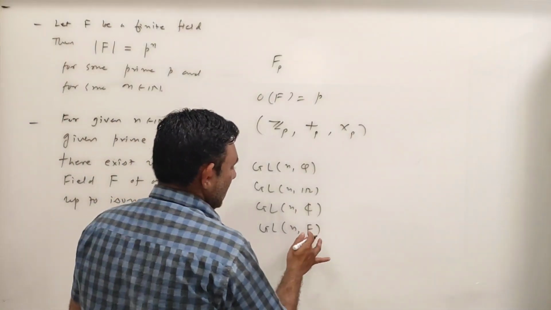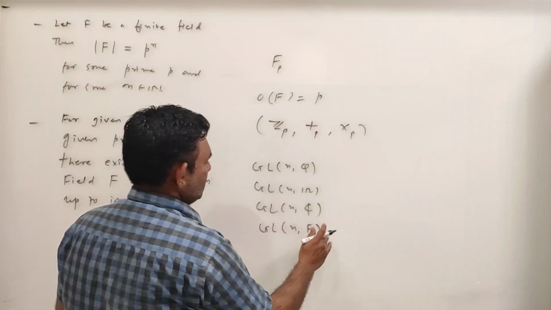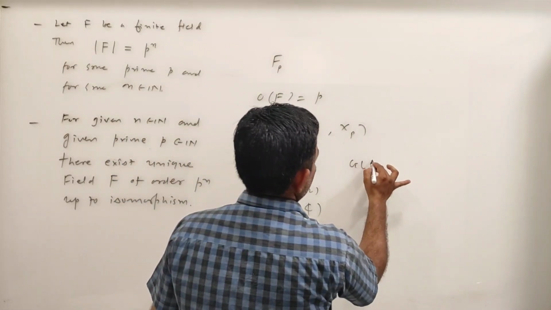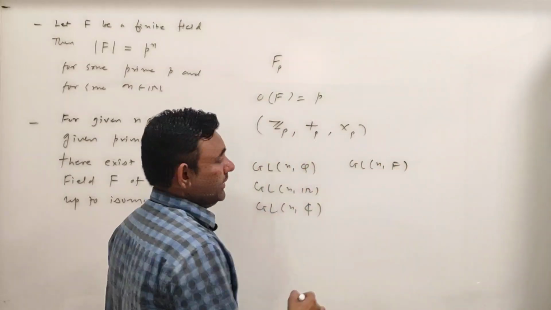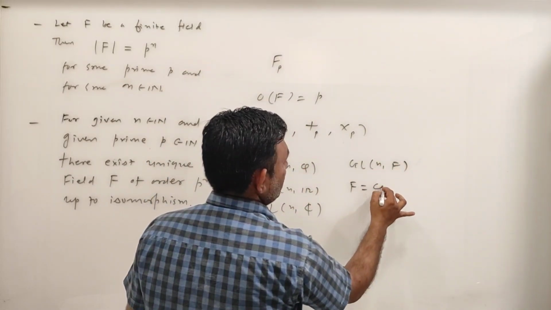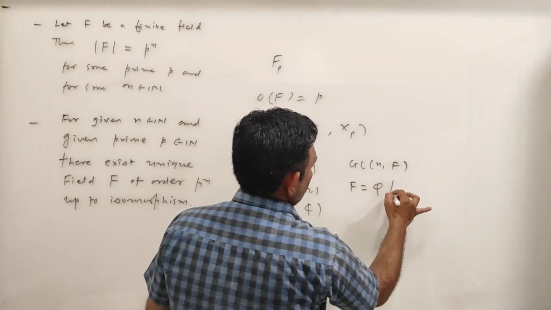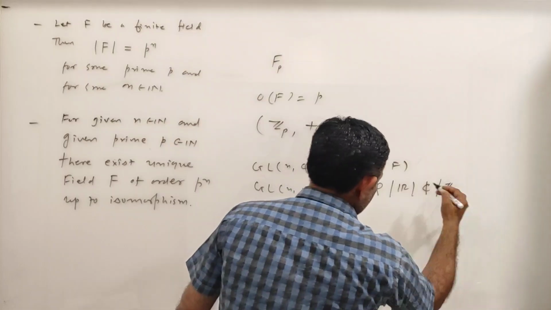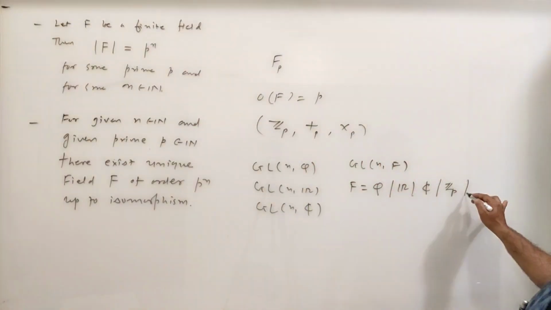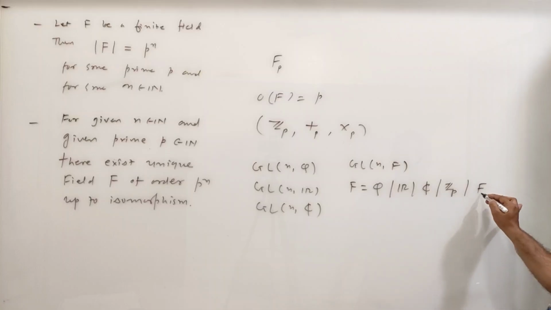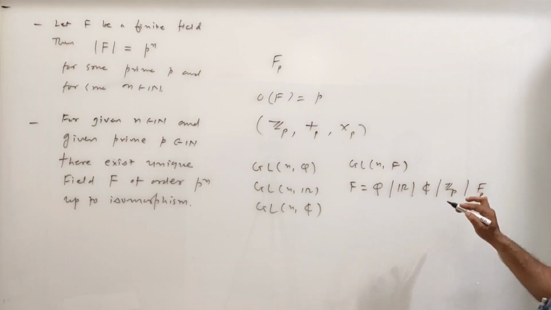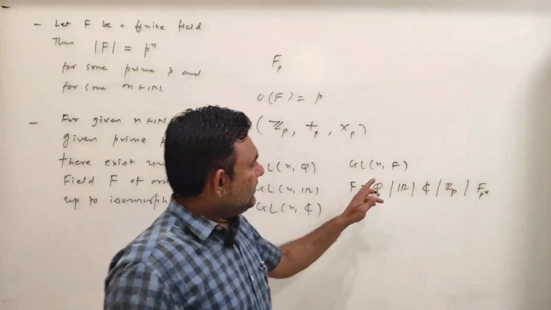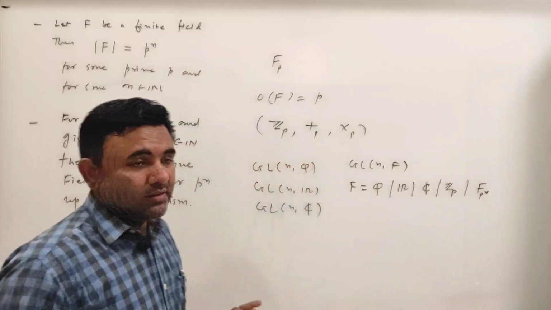So GL_n(F), where F is a field, where F may be what? F is equal to Q, or F is equal to R, or F equal to C, or F is equal to Zp in a particular case, or F is equal to F_p raised to n, right? आपको F के लिए ये कोई भी दे सकते हैं, right?